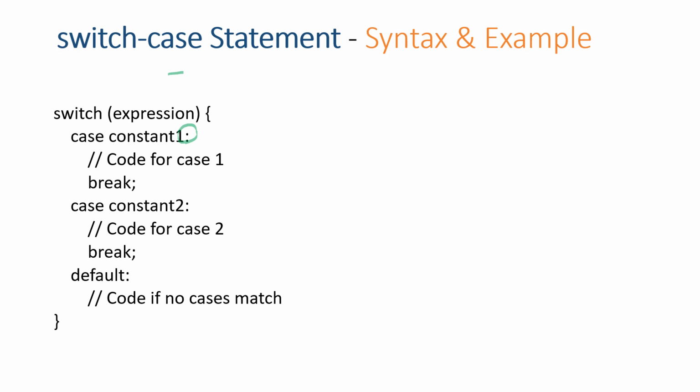For the first case, blocks are given, and then we terminate with a break, and this is for the second case, also terminated with a break. The break has to end with a semicolon, and the case has to end with a colon. And finally you have the default condition. The switch statement is used when there are multiple possible values for a variable.